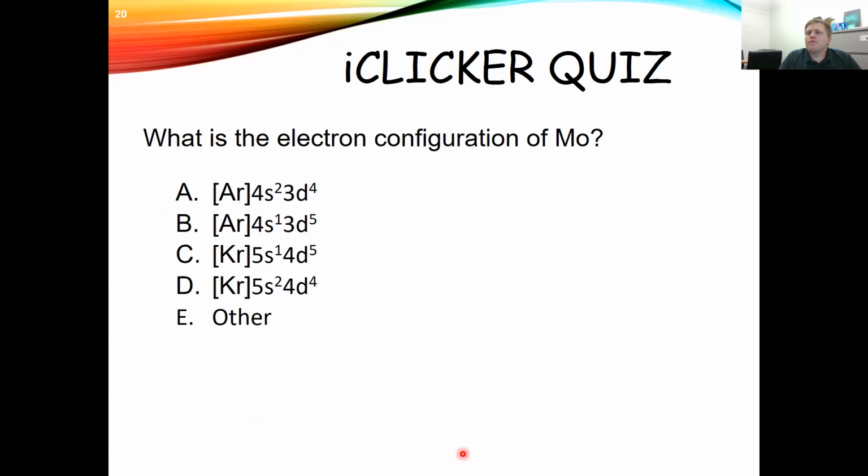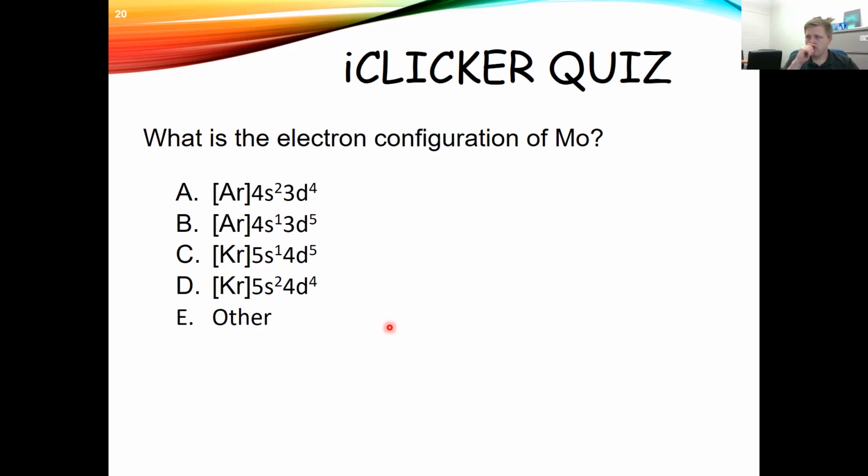All right, so go ahead and grab your periodic table and try and give me the electron configuration of molybdenum, which is Mo here. Pause the video and figure that out. All right, so if you look on the periodic table, you might think that molybdenum has an electron configuration where it's got the krypton in brackets, then the 5s2 electrons, and then the 4d4 electrons.